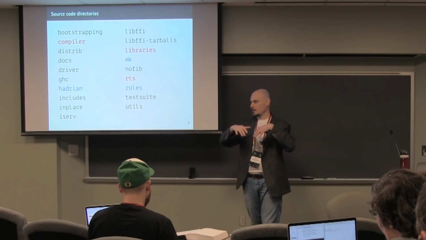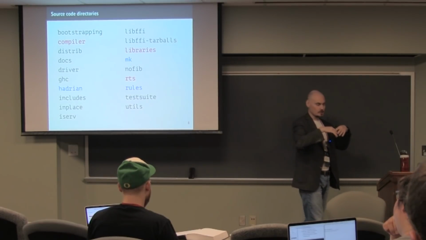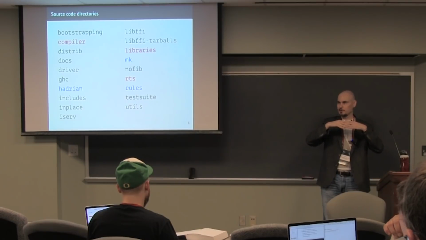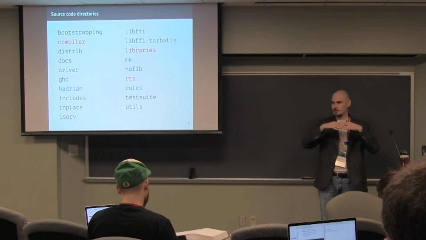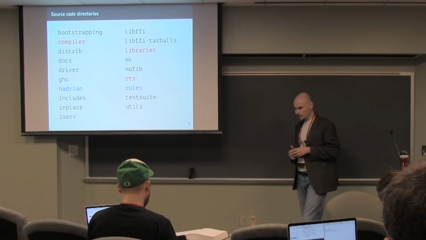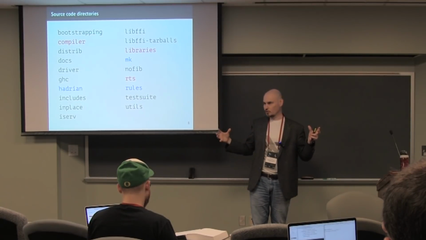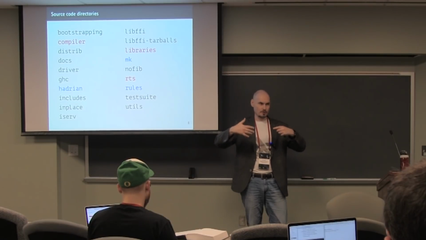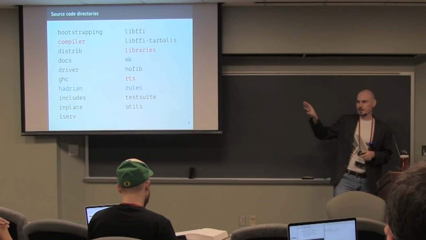Like, if I'm not mistaken, for building GHC 8.4 you will need 7.10 as the latest, not earlier. So you build something in the very beginning using the old compiler, and then you build new stages of a new compiler. I will talk about it later. So bootstrapping is about that.